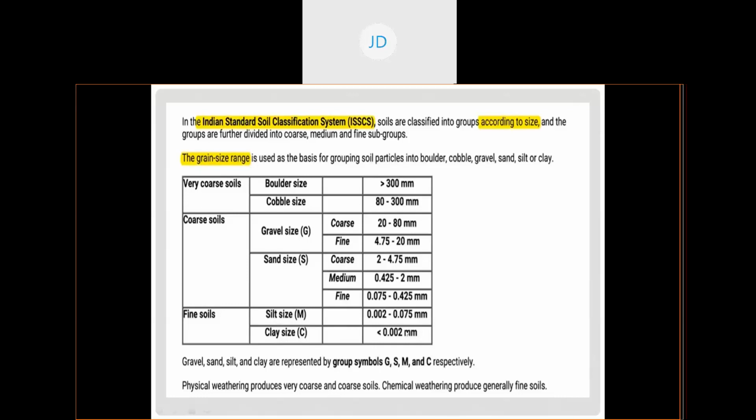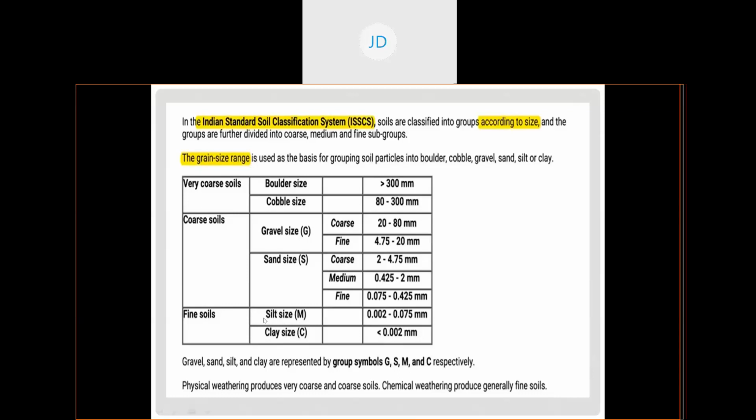If the soil particles have sizes between 0.002 millimeter and 0.075 millimeter, then that type of soil is known as silty soil, or silt size, denoted by capital M. These are just symbols to represent the type of soil.